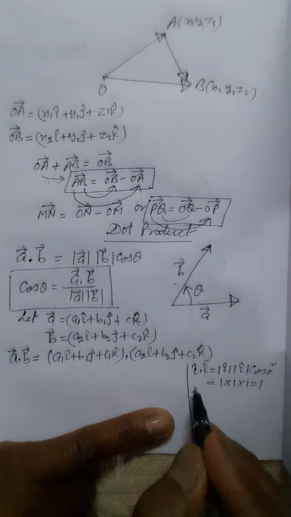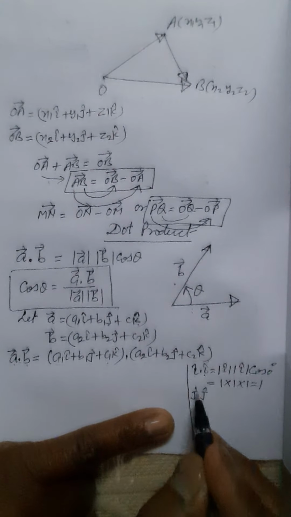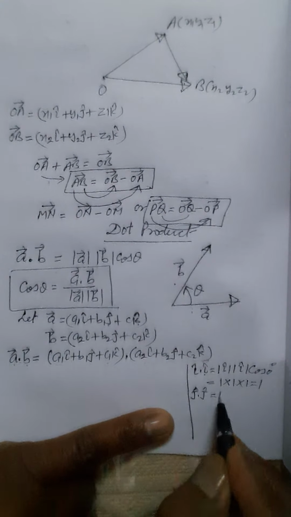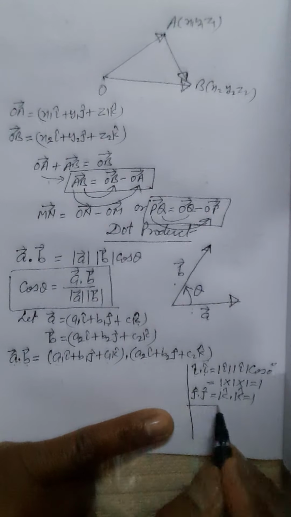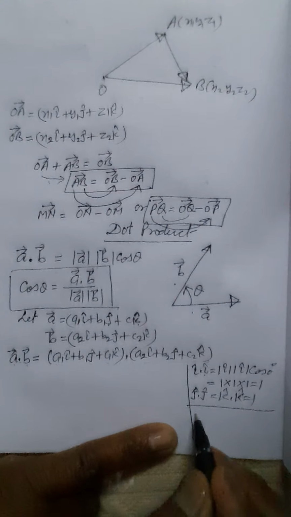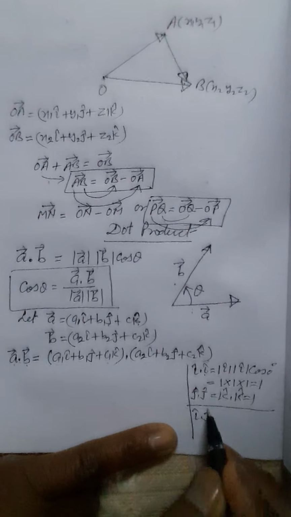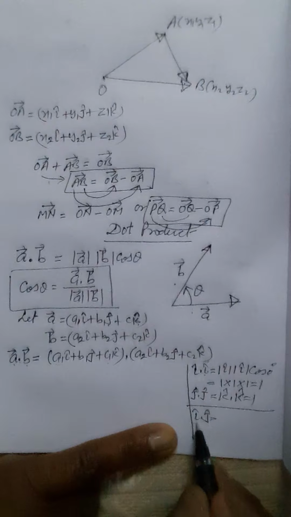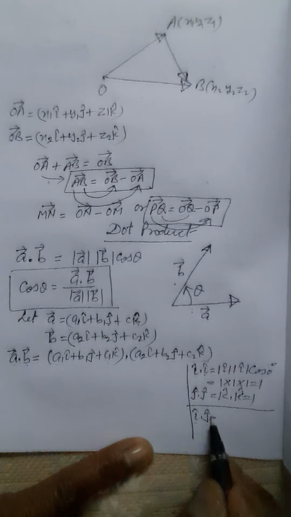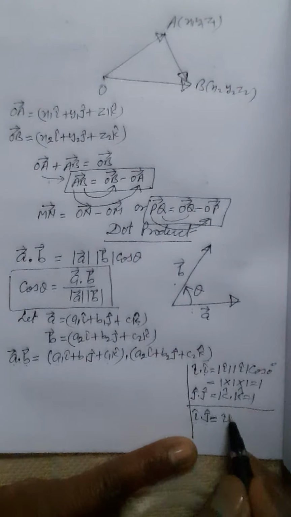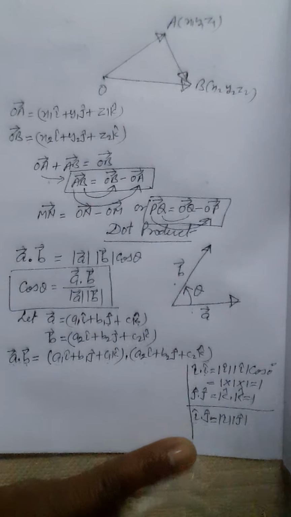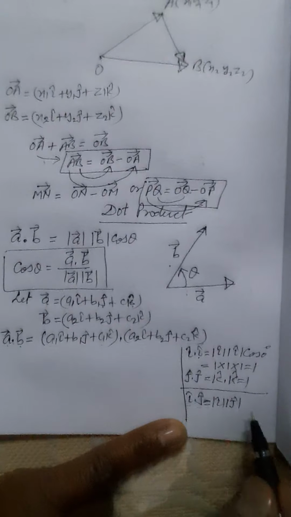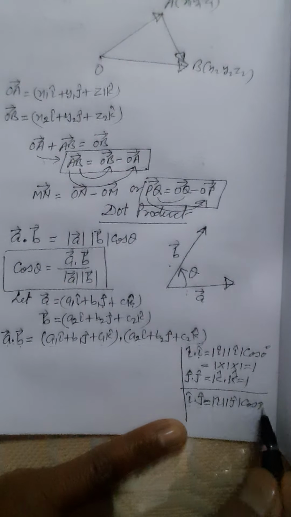Similarly, j dot j is equal to k dot k is equal to 1. And if you define i dot j, one is along x-axis, the other is along y-axis, so the dot product will be magnitude of i, magnitude of j, angle between them, cos 90 degrees. Why is it 90 degrees?